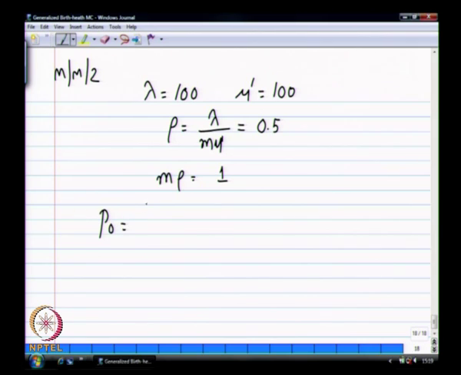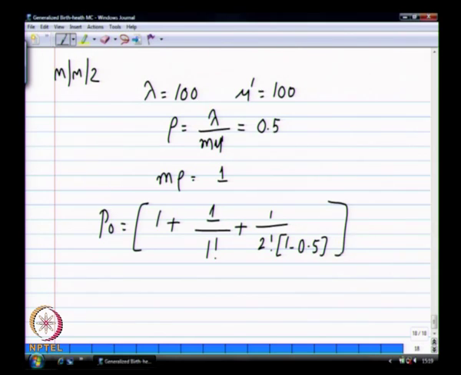So P naught is 1 plus m rho by 1 factorial, summing from 1 to m minus 1, plus m rho to the m by 2 factorial, so 1 by 2 factorial into 1 minus 0.5, which is also 1. You can't get any better than that.